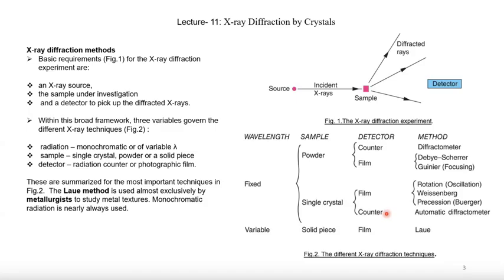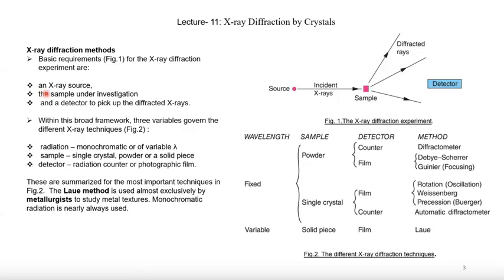Now we are talking about X-ray diffraction methods. This figure shows what an X-ray diffraction method is. We will have an experimental method like this. We will have a source of incident X-ray, then a sample, and then we have to collect the diffracted X-rays with a detector.